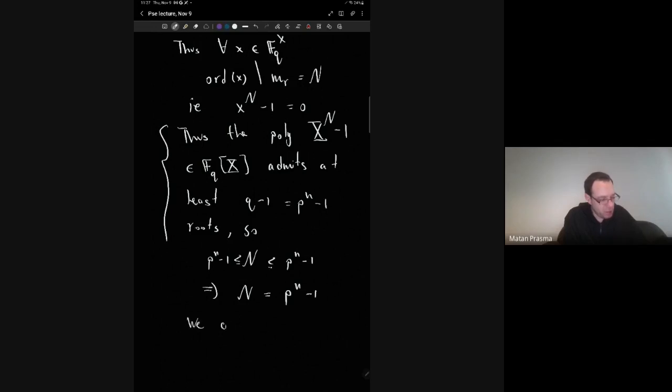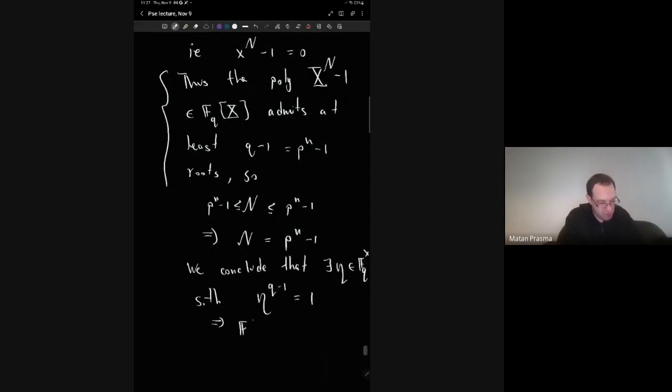So we conclude that there exists eta in FQ star such that eta to the q minus 1 equals 1, which means that FQ star is cyclic.